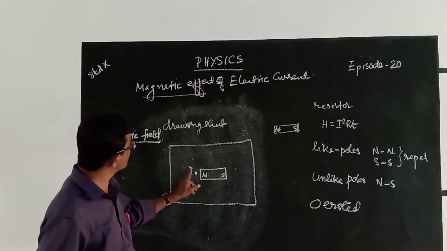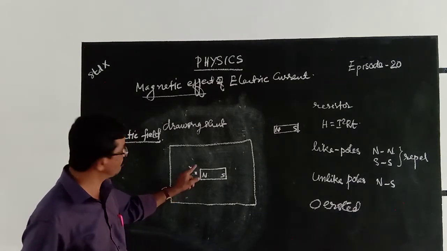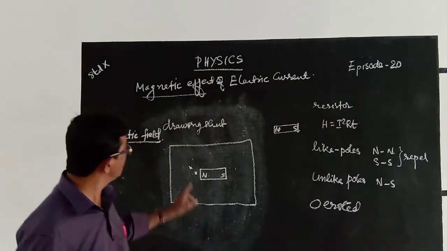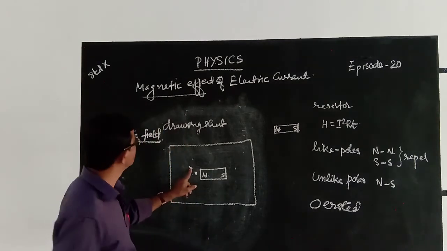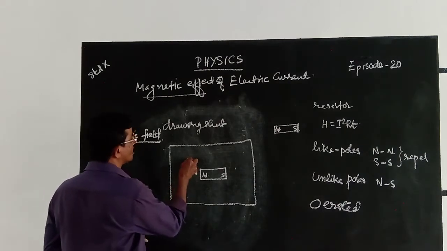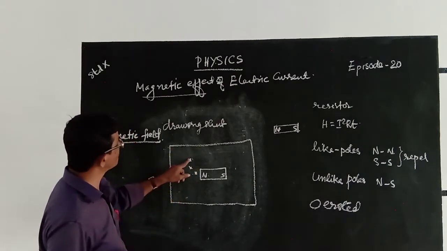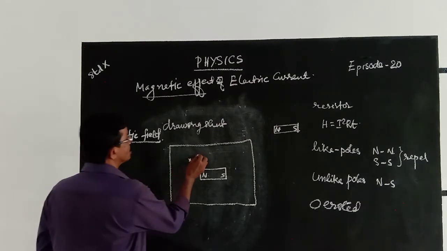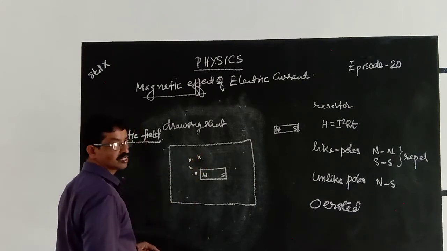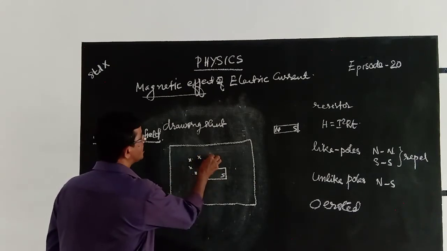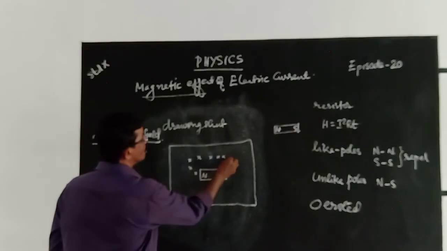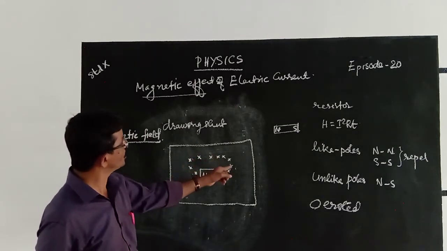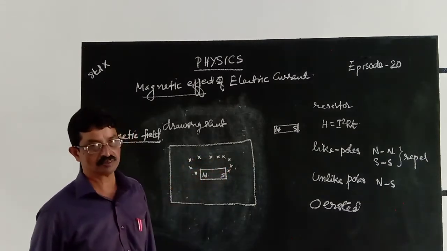Then move this compass to the point which we marked towards north. Again we place this compass over this and mark the north here. Then move the compass above this dot and again mark the direction of north. If we repeat in this manner, we can see that it is coming towards the south.